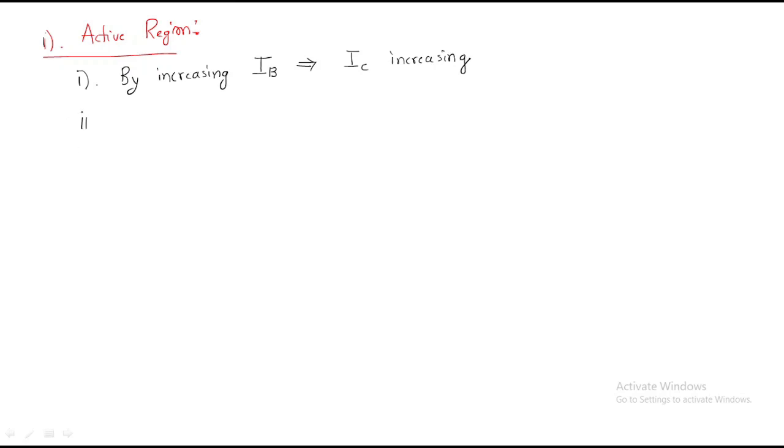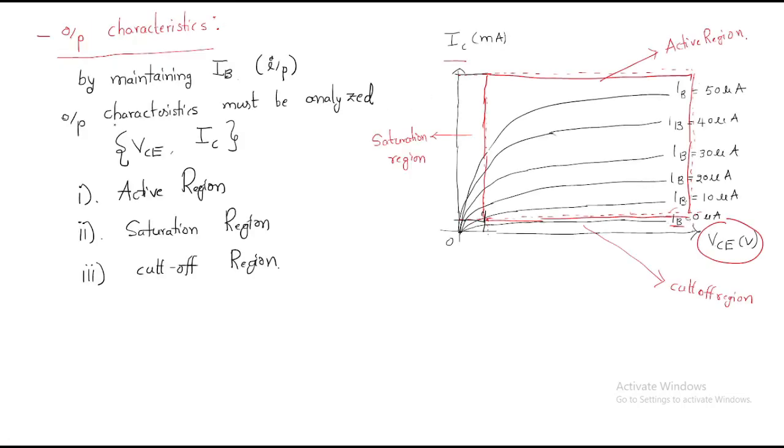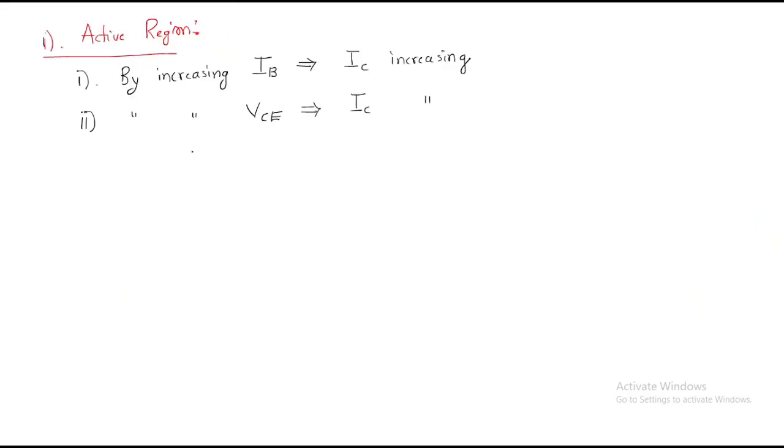The second point is that by increasing the output voltage, IC also increases. For this curve, for example, VCE is this value, and by increasing it, IC slightly increases. So VCE also increases, right?